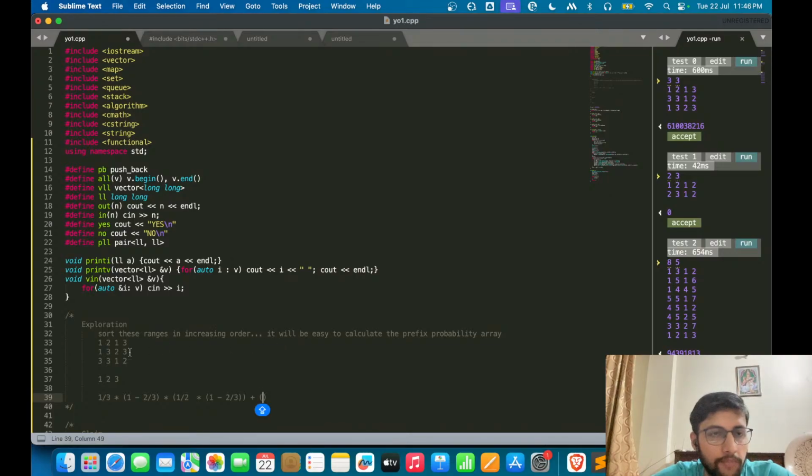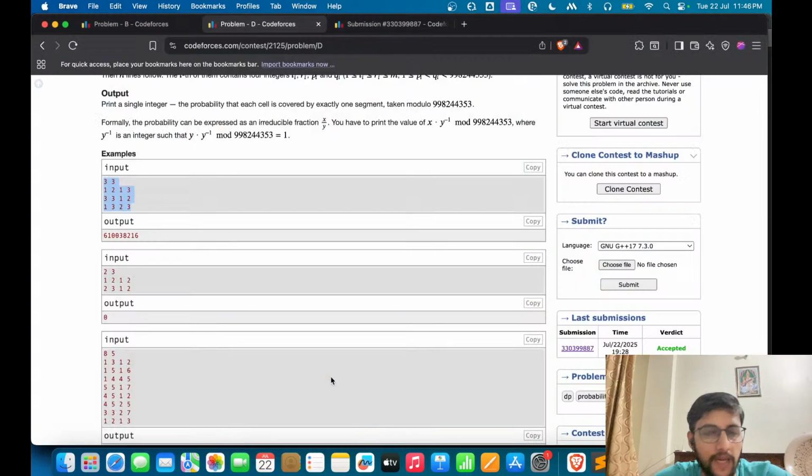But I can also simply include this, so again this will be 1 by 2 by 3. If I want to include this, then I have to exclude the first and I have to exclude the second as well, so 1 minus 1 by 2. So if you see, the answer will be 5 by 18 as given.